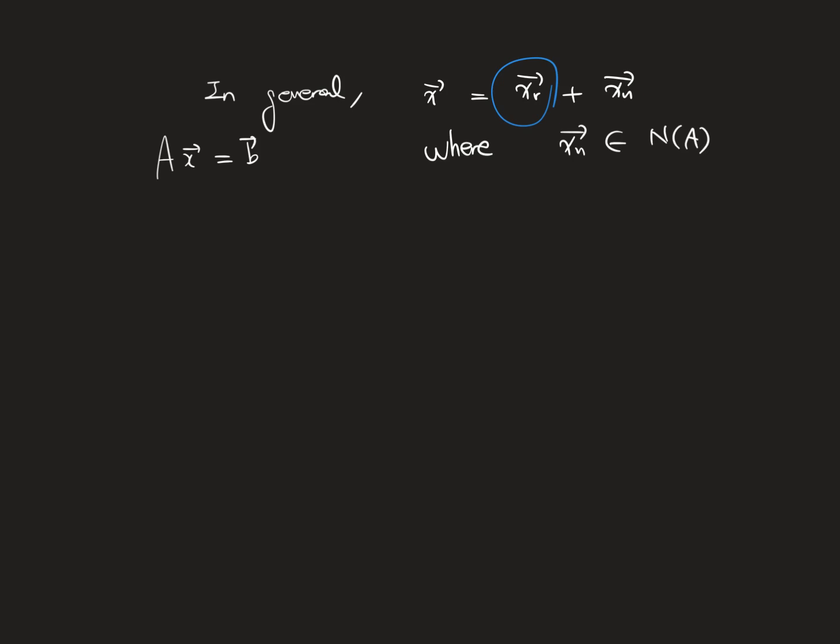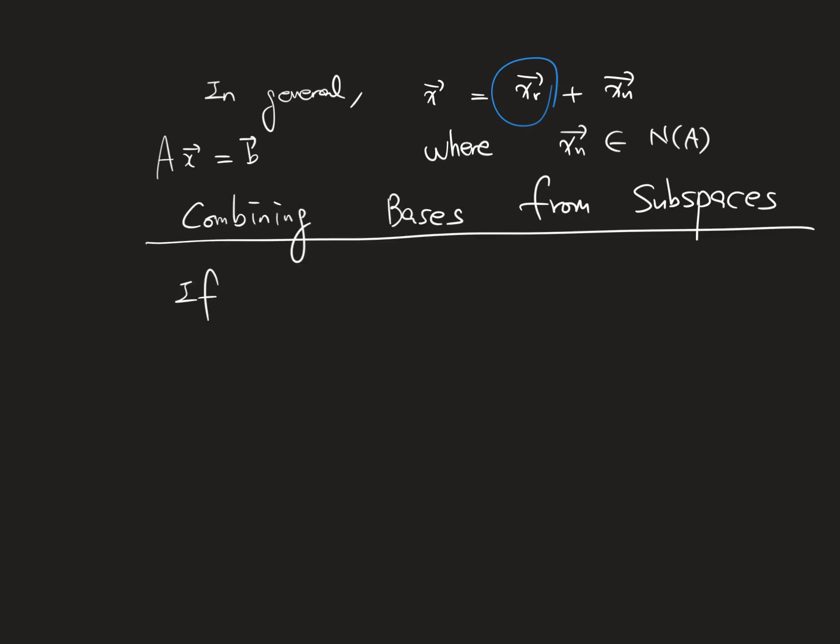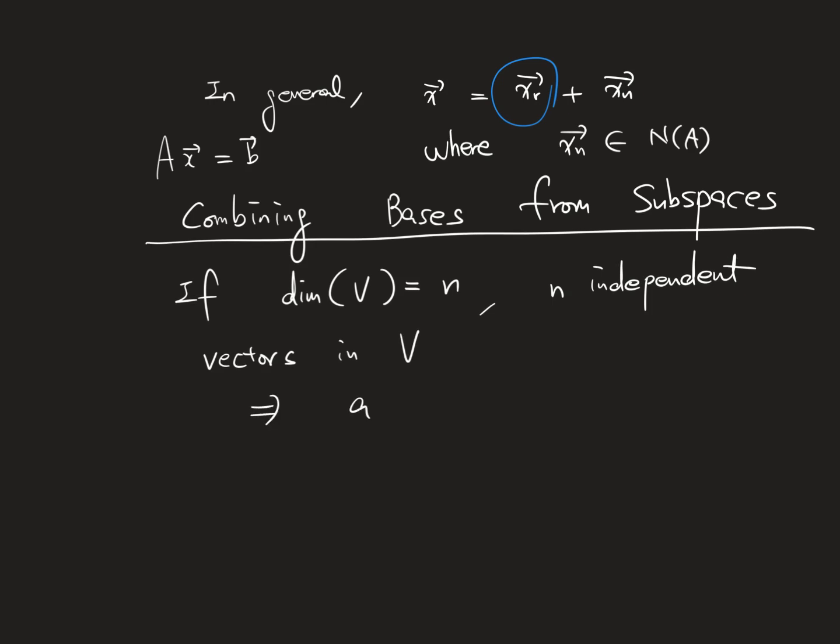Now we'll talk about combining bases from subspaces. If the dimension of V is equal to n, and we have n linearly independent vectors in V, then those vectors are a basis.